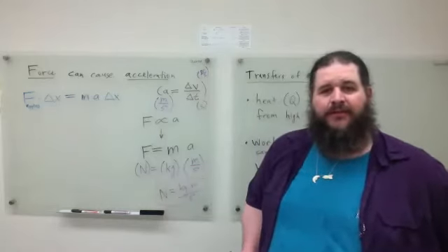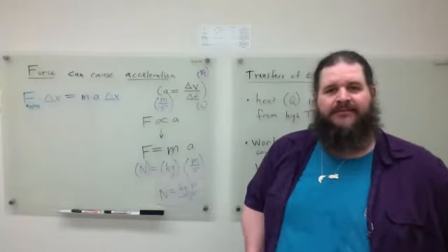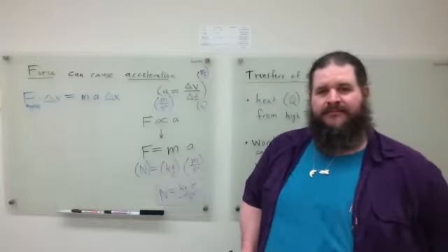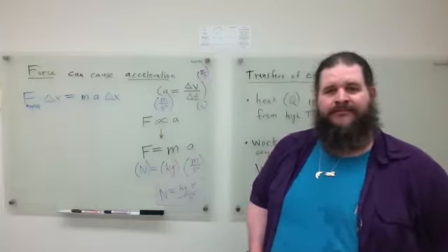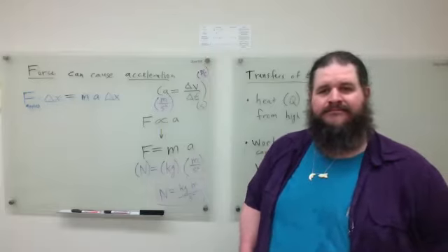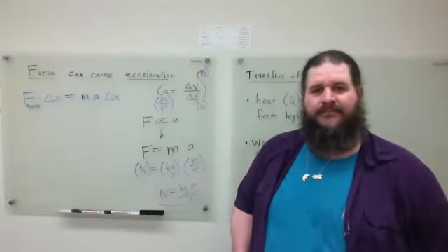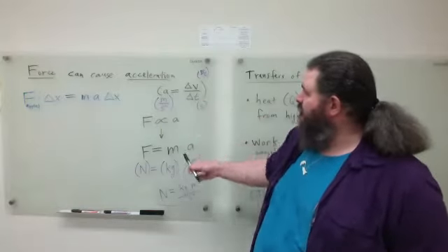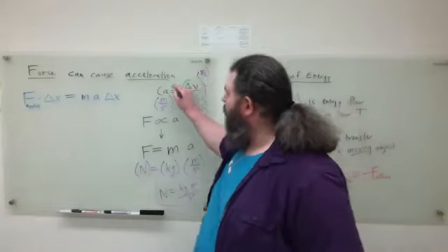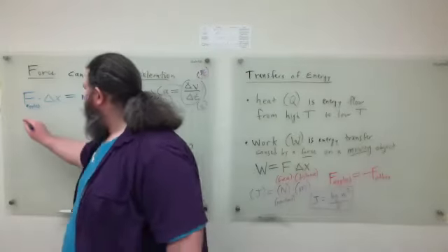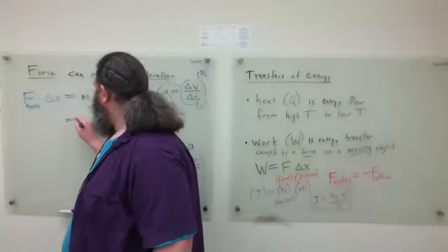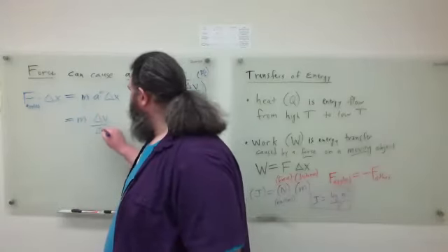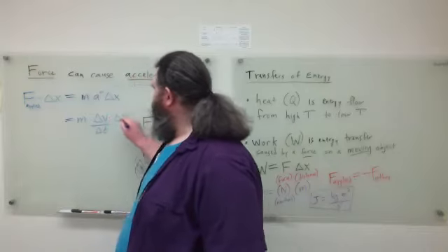How are we defining acceleration in the first place? Change in velocity over change in time. Yeah, acceleration is just change in velocity over change in time. So we can substitute that in for acceleration as well and get mass times change in velocity over change in time times delta x.